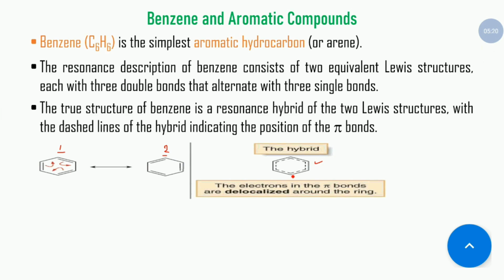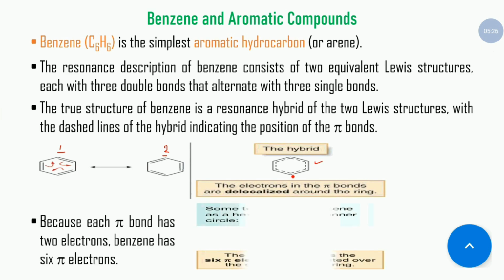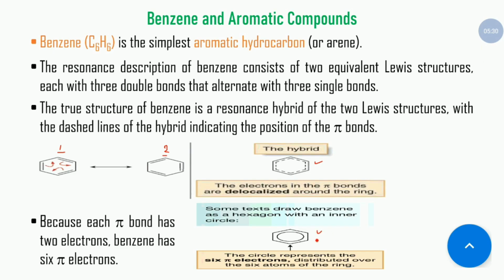Now some textbooks draw benzene as a hexagon with an inner circle. You can see this type of diagram in some textbooks. Both of these are correct.